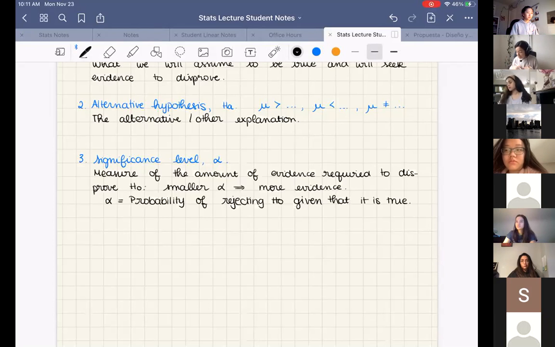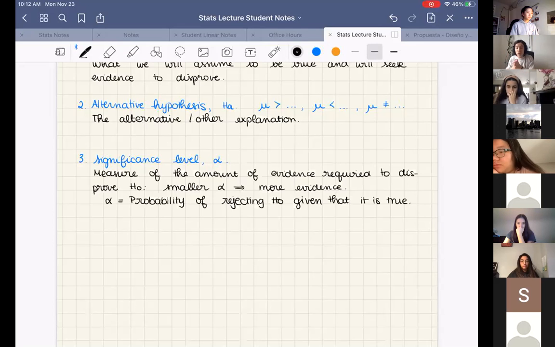So if I have selected that for a certain extreme result I'm going to reject the null hypothesis, then if my probability is larger, that means that I'm more willing to make a mistake. I'm more willing to say that the null hypothesis is false, even though it might be true, right?